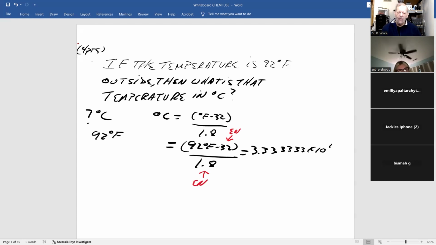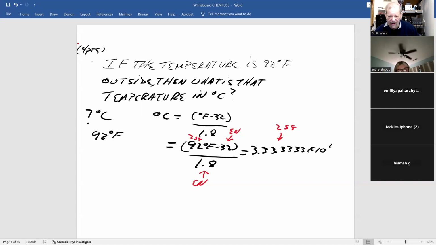That plays no role in how many significant figures your answer should have. So for this, which is a division, you get the same number of significant figures as the number you're multiplying or dividing by that has the fewest. Well, this has 2 significant figures, 92. And that's the only number you use. So your final answer for this problem should have 2 significant figures.